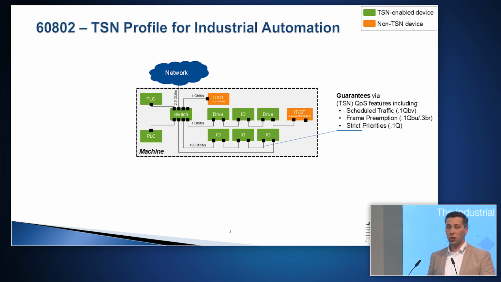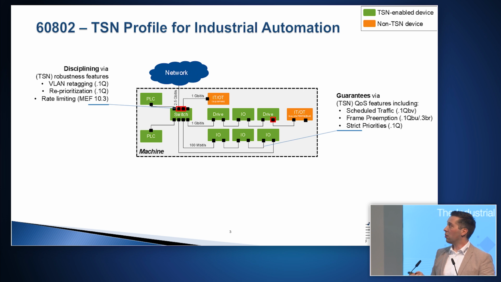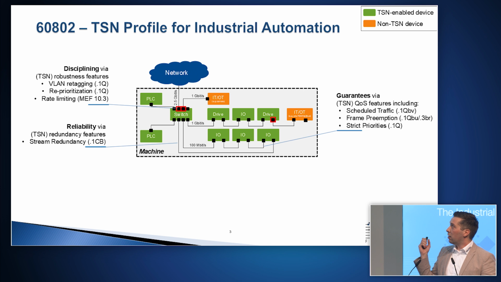It has certain QoS features in there: scheduled traffic, frame preemption, and strict priority, for example. It also standardizes a few things on how to do policing, VLAN tagging, reprioritization, and rate limiting. And also, it looks at reliability. In some of the existing field buses, you have seen certain forms of that already, but now it's the first time that we have a unified set of these features where people can build on.